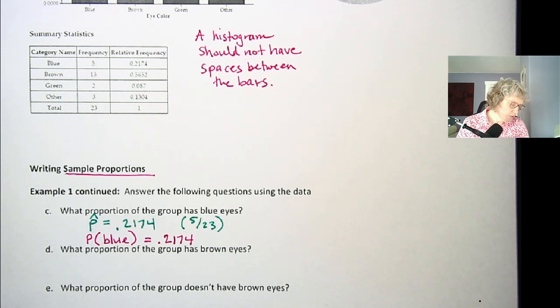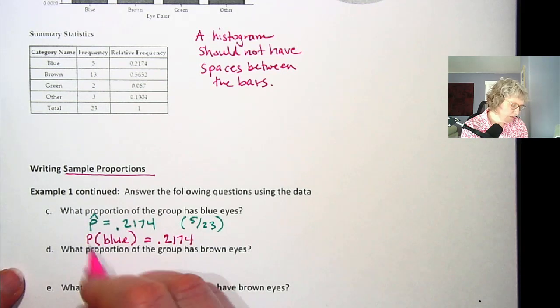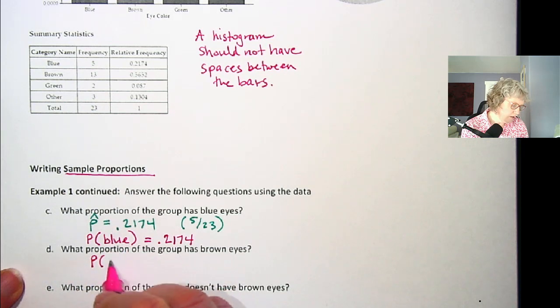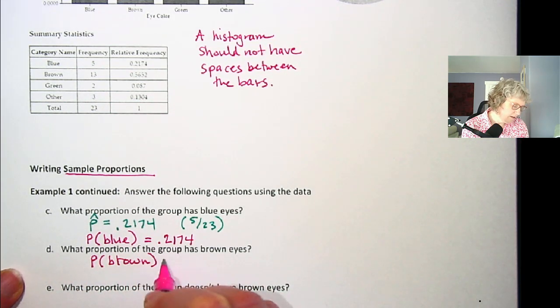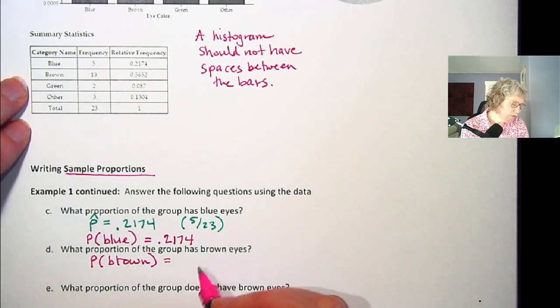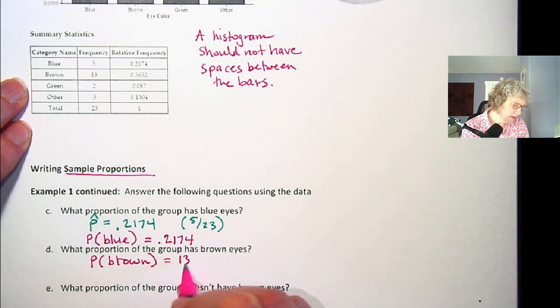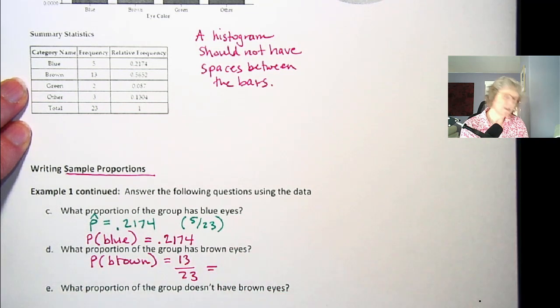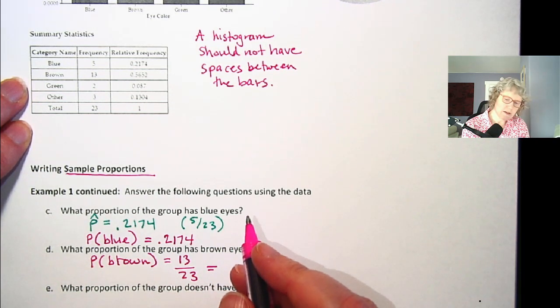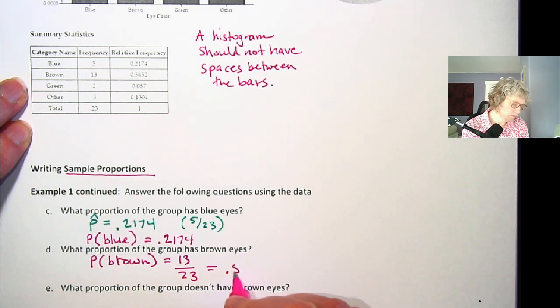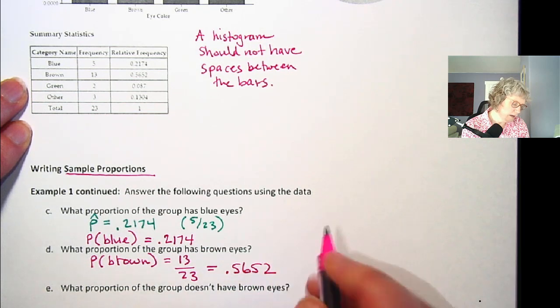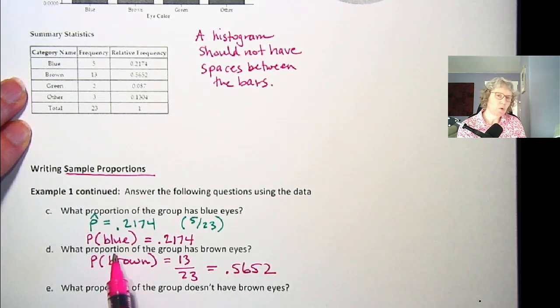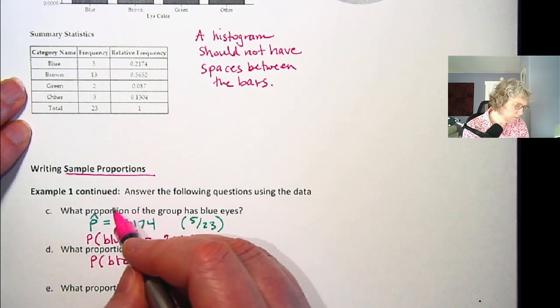What proportion of the group has brown eyes? So I'm going to write probability of brown. Remember, we got that from 13 out of 23. If we hadn't already done it, I would go ahead and divide it. And we got, it's really small for me to read, 0.5652. Now, they're asking for proportion, so that's a decimal.